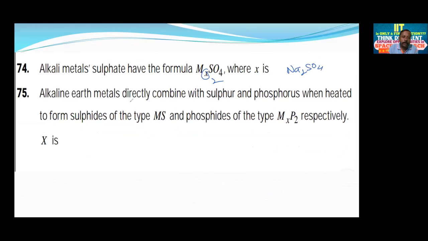Alkaline earth metals directly combine with sulfur to form sulfide, and with phosphorus when heated to form phosphide. Very easy. MS for the alkaline earth metal sulfide, and the type of phosphide will be M3P2. So the answer will be 3. Is it understood? So here x is equal to 3, here x is equal to 2.